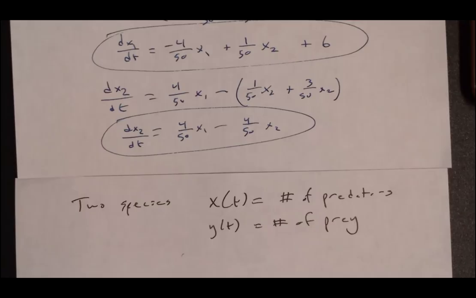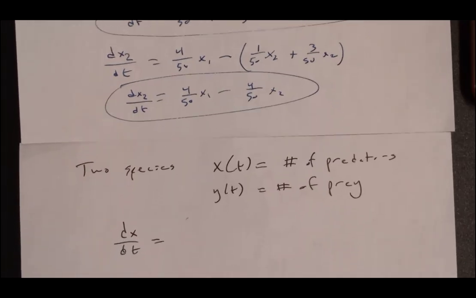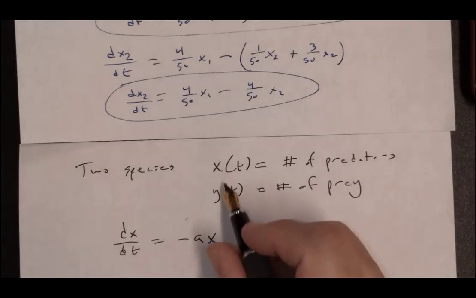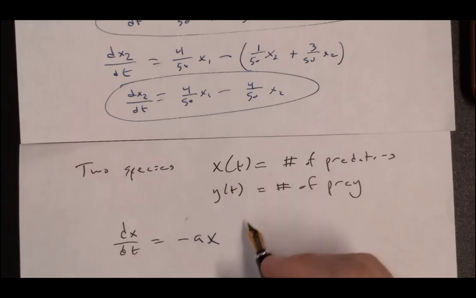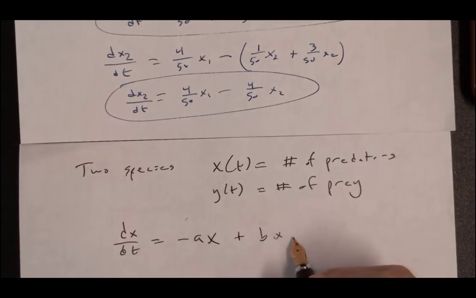So I can think of my dx dt as, well, if there were only predators, it should go down. But if there are some prey, then depending on how many there are between the 2, the ratio, the product, some of the predators eat some of the prey, and that makes them grow up, right? So that I can add something.